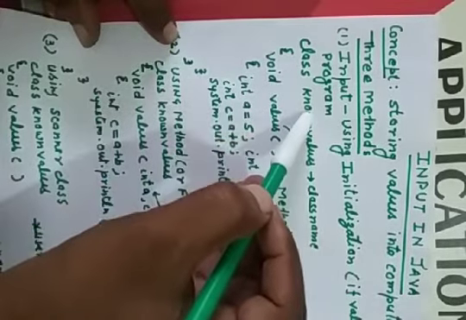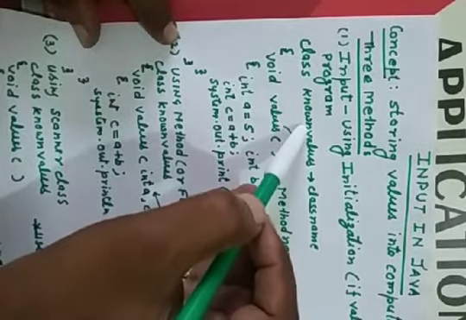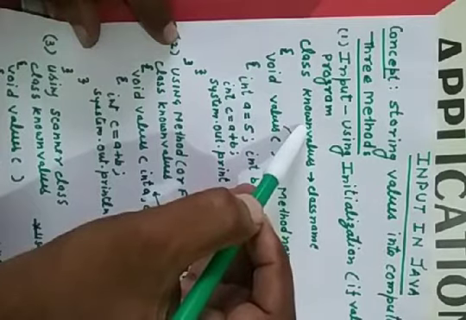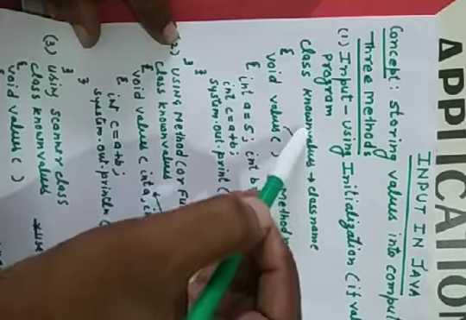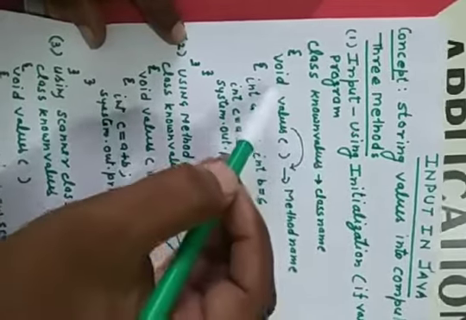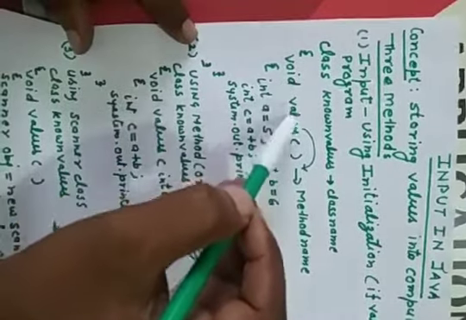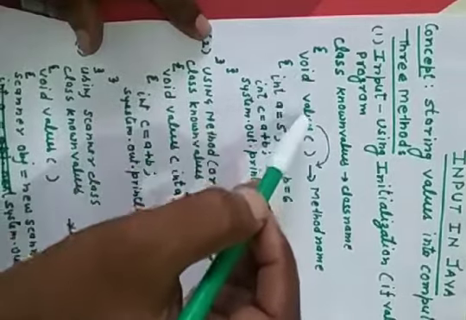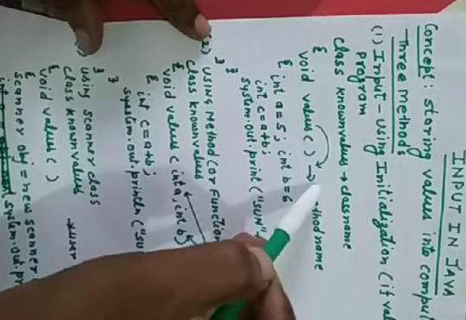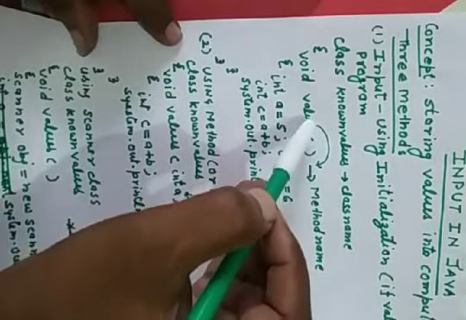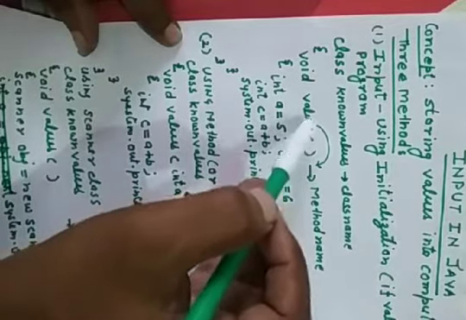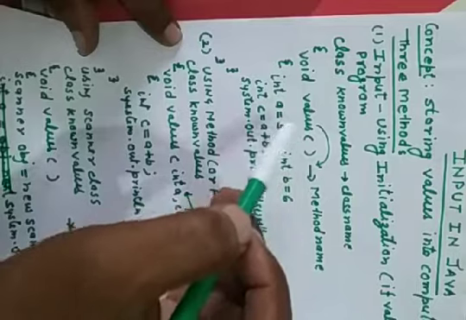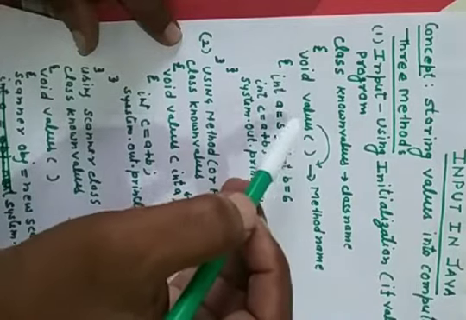Class name is a topic name, because in this program we are taking known values, so I have taken its name as known values. You can take method 1 also. Then void values. Void values is a method name. Method name means function, meaning the procedure or the solution for adding two numbers 5 and 6.